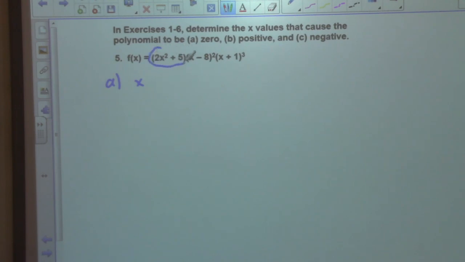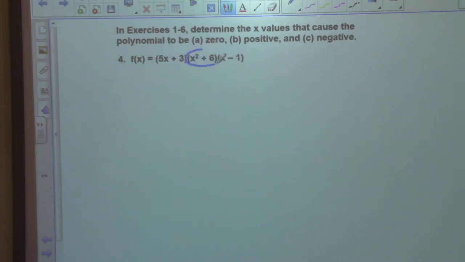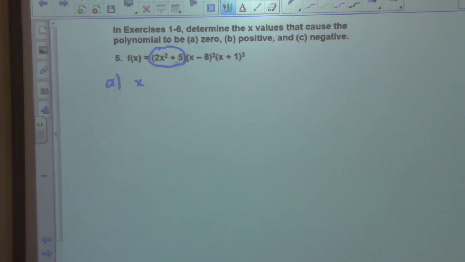This one here is just like this thing right here. Never negative, okay? So you're not going to have anything zero at all related to this. So you'll have x equals 8, and x equals negative 1. And what are your multiplicities here? Multiplicity of 2 and multiplicity equals 2. Multiplicity is equal to 3. Okay, what next?